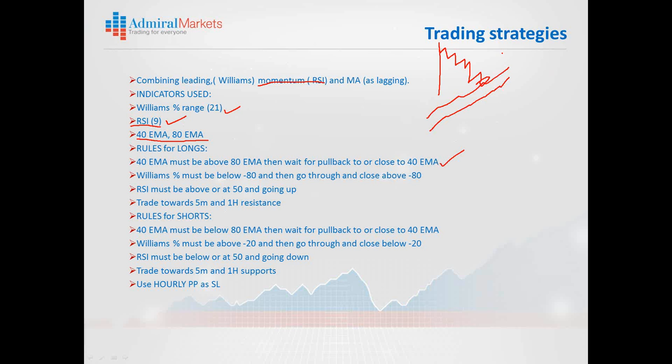Why do we use pullbacks? Because we want to exploit the earliest entry possible in the trend, except if we use divergence. But we don't want to buy into resistance unless we are very sure that the price will move further and that momentum is high. Now, I occasionally do that as breakout trades.